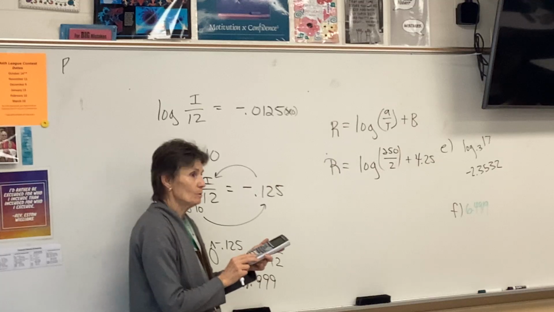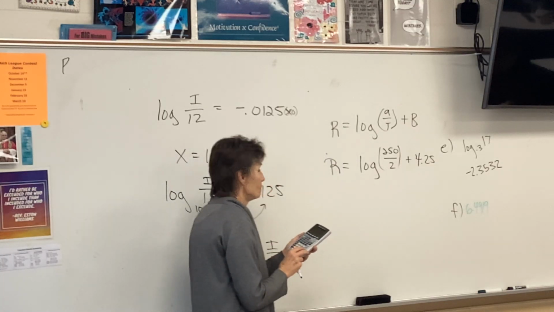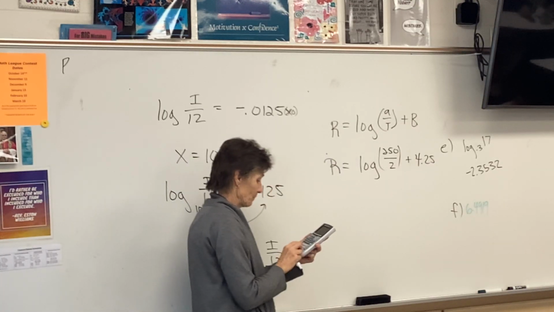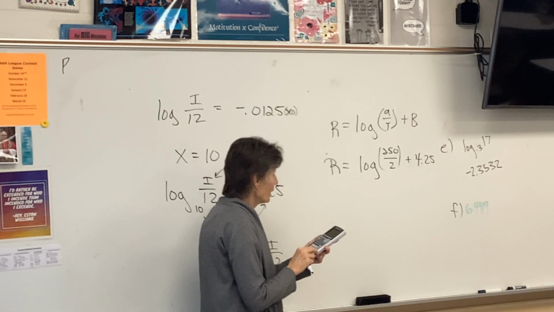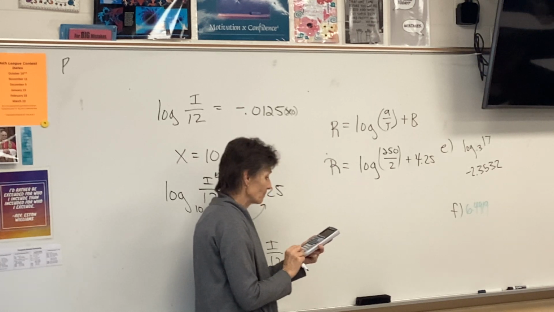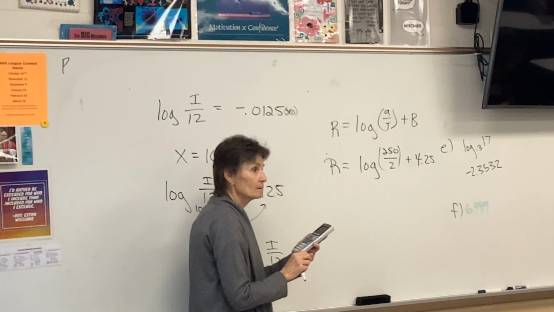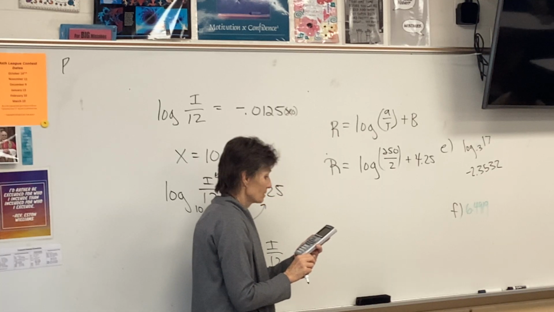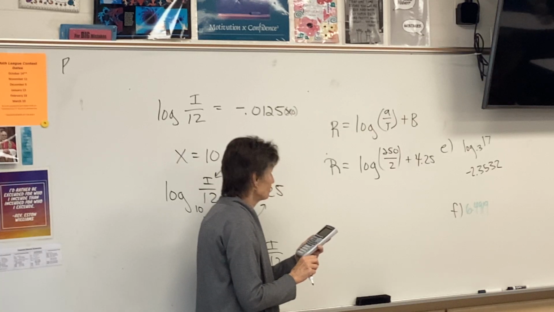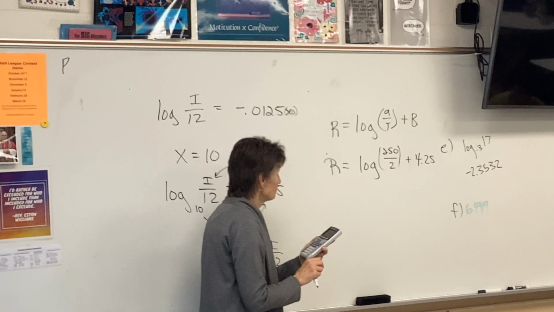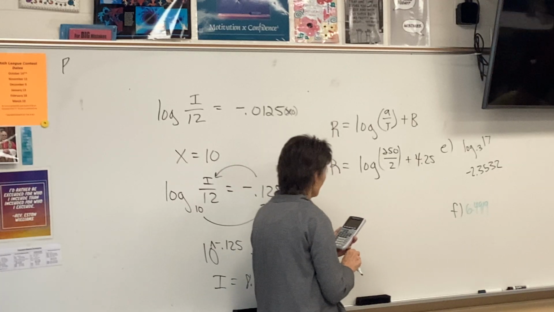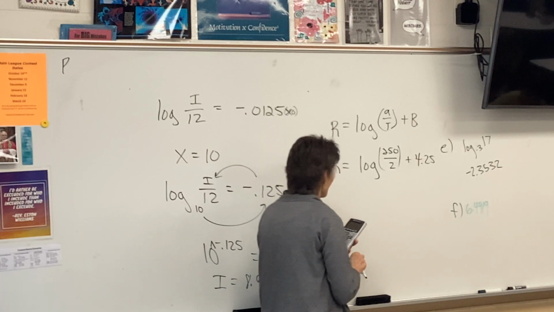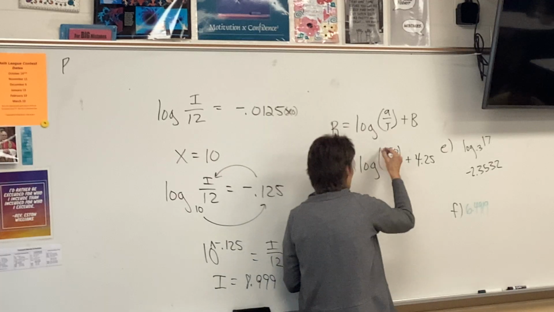No loop de loop. Just type it in. Log 250 divided by 2, plus 4.25. I got 7.965. You want the log of this fraction.